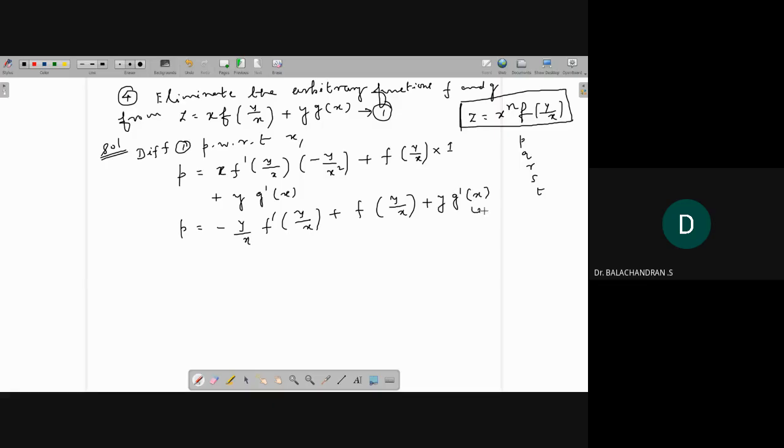We call this equation number 2. Okay. Now differentiate equation 2 partially with respect to y.